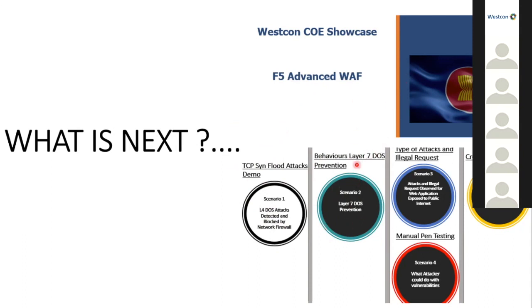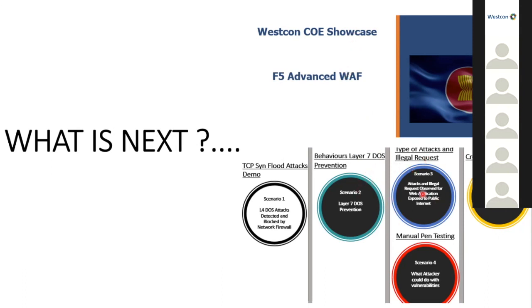So you will be able to see that the layer 7 DoS attack bypasses your network firewall, but it will be detected and blocked by Advanced WAF. This DoS threat is triggered via one of the tools from F5, and it is based on behavioral DDoS prevention.